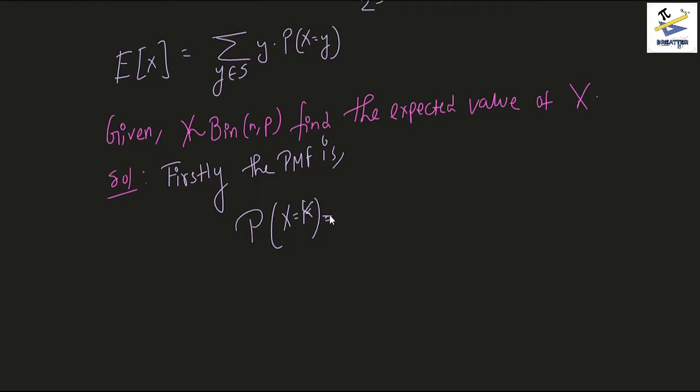So if they can be found in a single way, you can just write it down in the pattern, or if they cannot be, then you have to write it down individually, but in both cases you need to define the PMF. So here we have a formula, so we are just writing probability of x equals k equals nck into p to the power k into 1 minus p whole to the power n minus k.